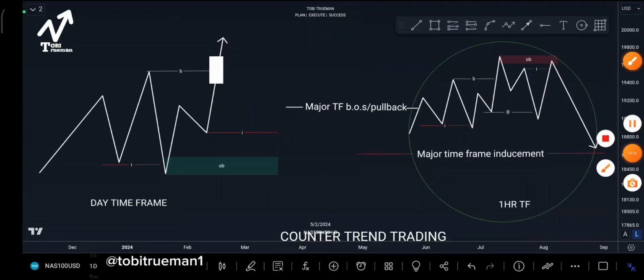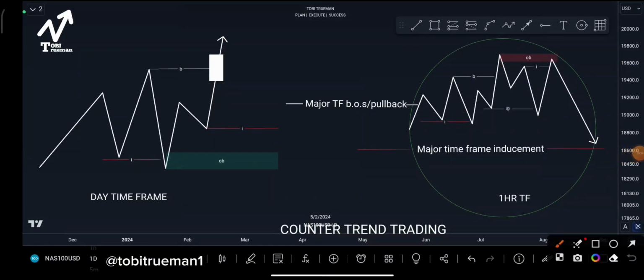I hope this is very simple and not difficult. Two things can happen here. The first thing: after price takes this inducement, price can give a single candle order block and continue to sell without mitigating this order block.